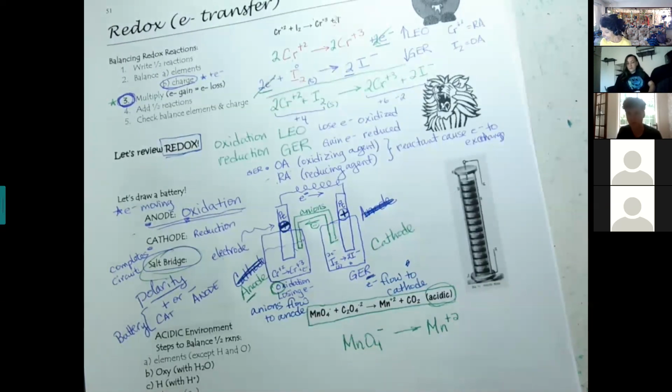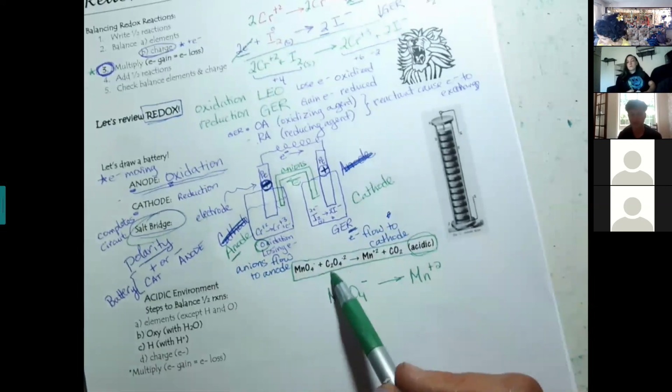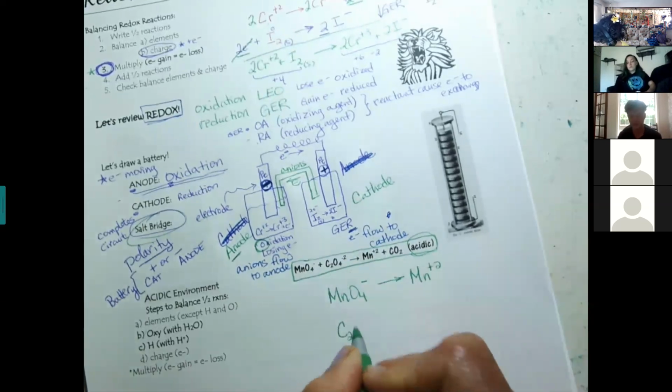Spoiler alert. I actually can tell just looking at this equation, it's losing oxygens. Losing oxygens is reduction. It's a biochemist thing, and so we looked at it in terms of the oxygens instead of the electrons. And then my other half reaction will be, all right, let's try again.